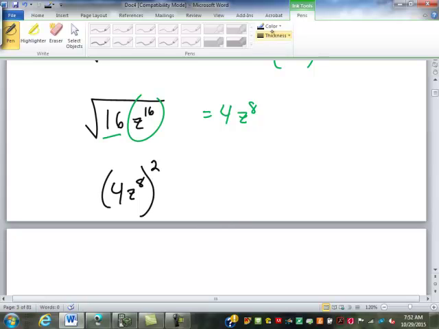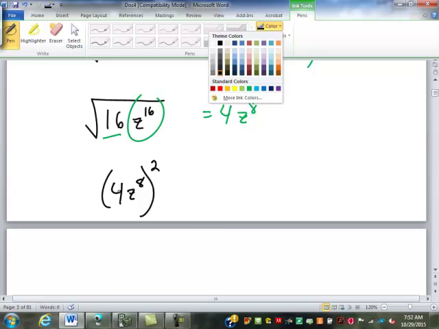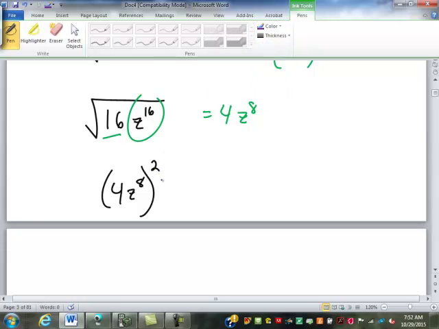Just like when you do this, right? You don't do 4 times 2, you do 4 squared, right? Which is 16. But here you don't do 8 squared to get 64, you do 8 times 2. So the powers work differently than the numbers and the coefficients. Same here, the 16 here, since that is a number, you're taking its square root, get the 4. But this is a power.